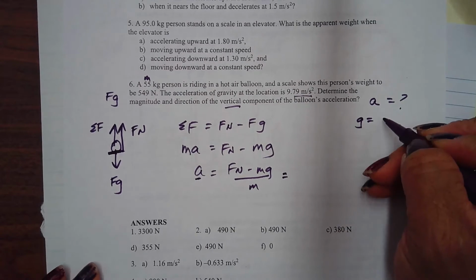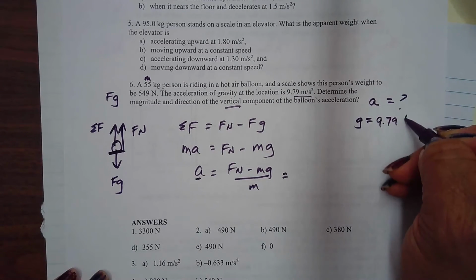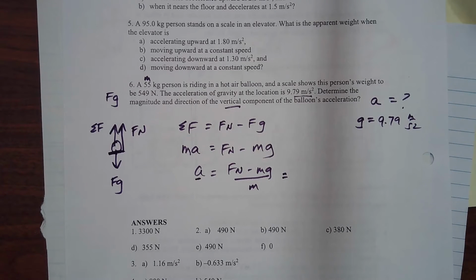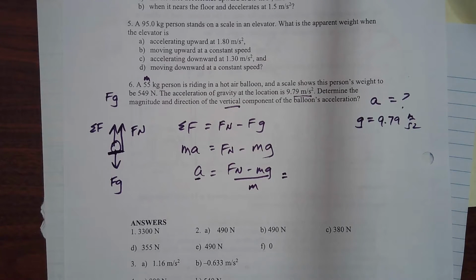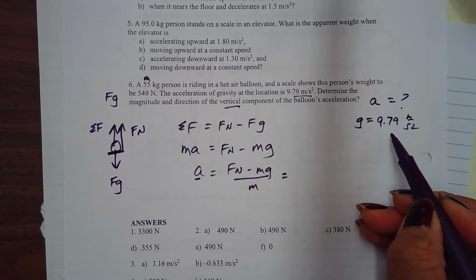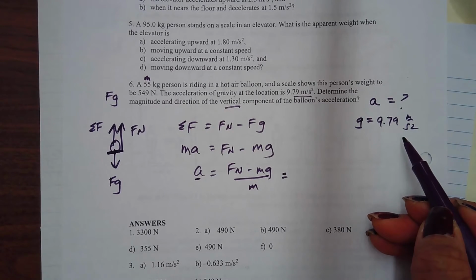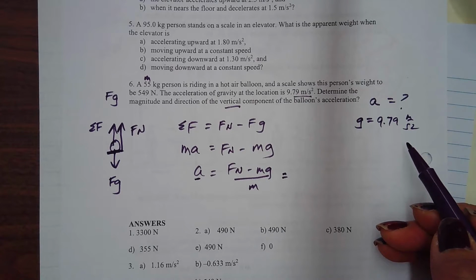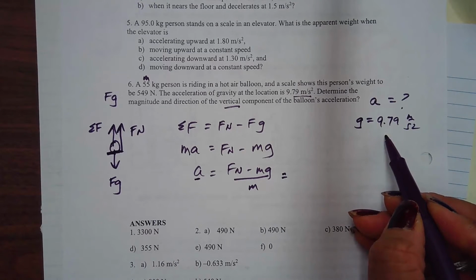The g is different, so it's 9.79, not 9.81. So what would happen to the person's apparent weight in this case? Will the person be lighter or heavier at that g? When the g is less, when the person's up in that rising balloon, will the person weigh less or more? Less, right? Because less g.